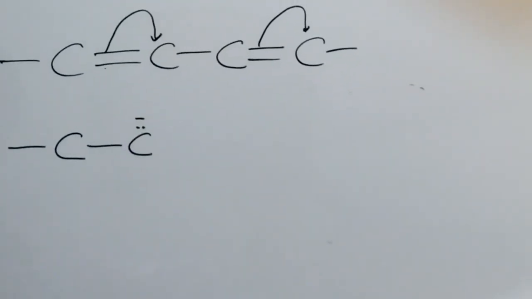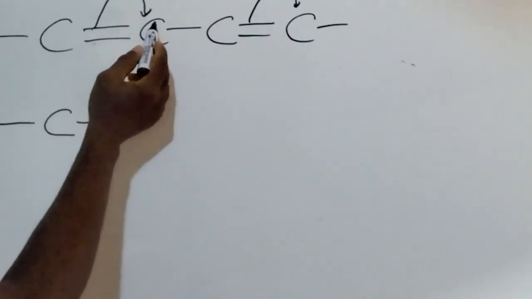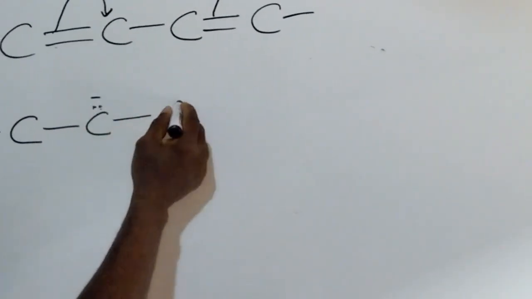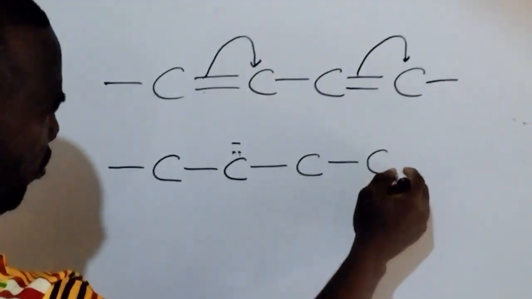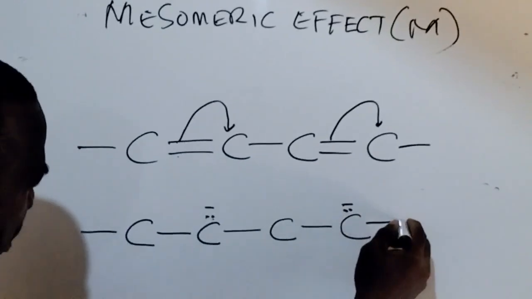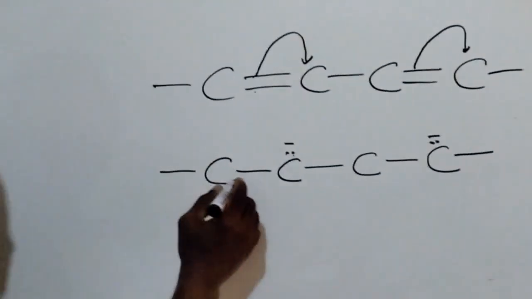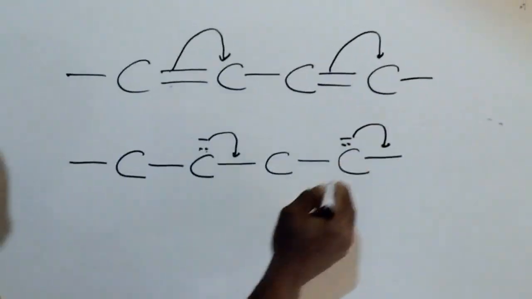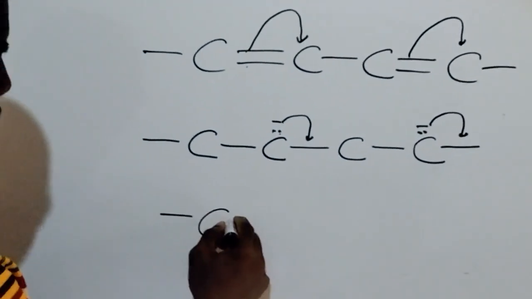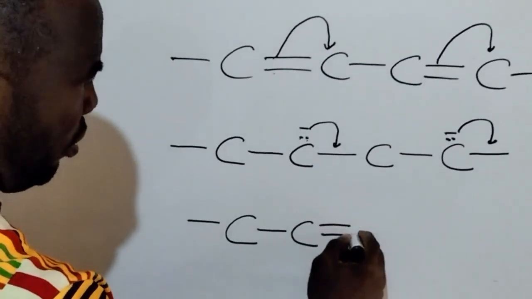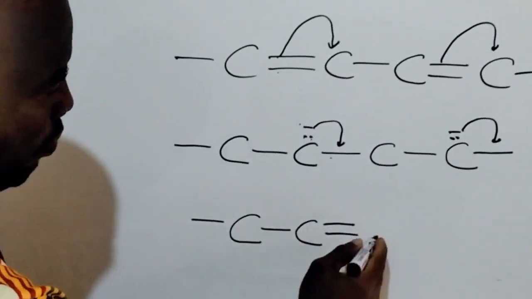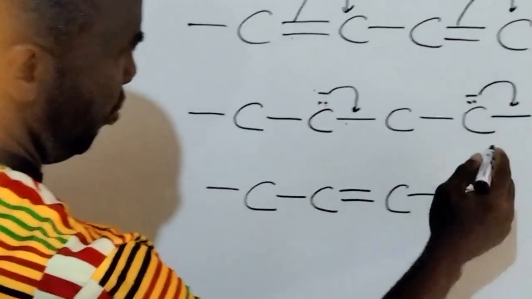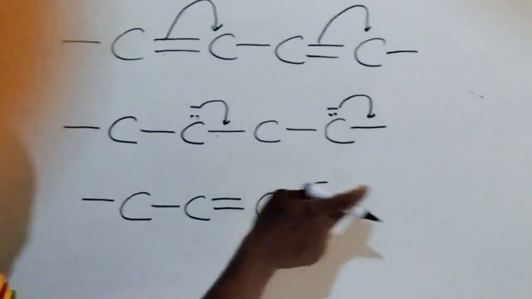Remember, as we said in chemistry, a bond means two electrons. So that gives this one a negative charge, and then this also moves down to that side. At the end of the day, this one will move again to the next position. So now I have a single bond here, a double bond, this one coming back to that position, and then this one moving over there to give you a double bond. If there's an atom over there, it continues to move.